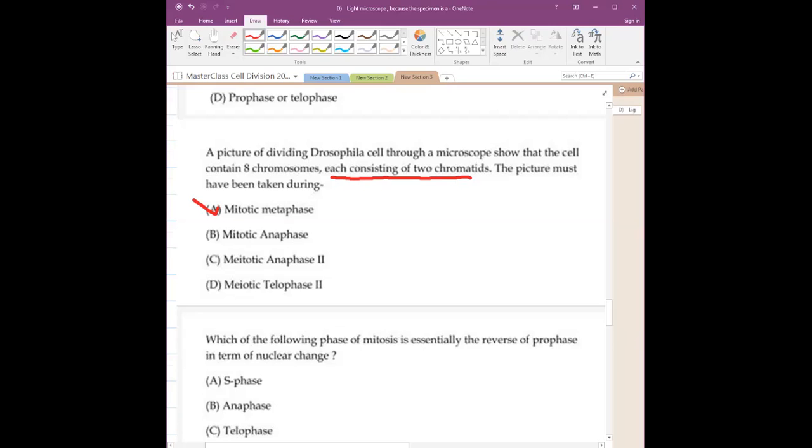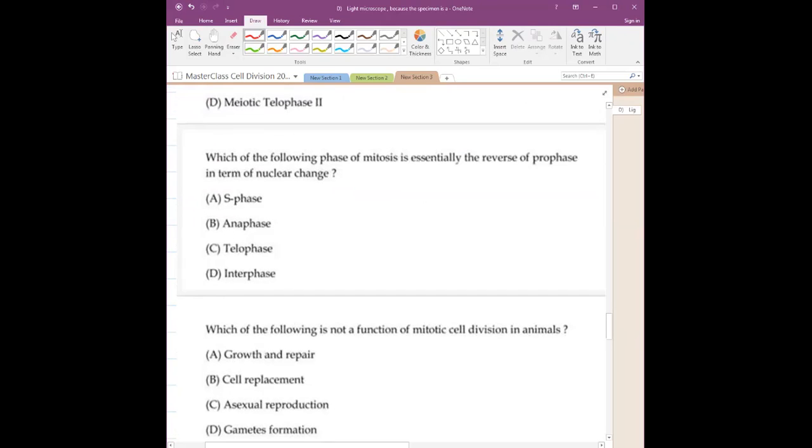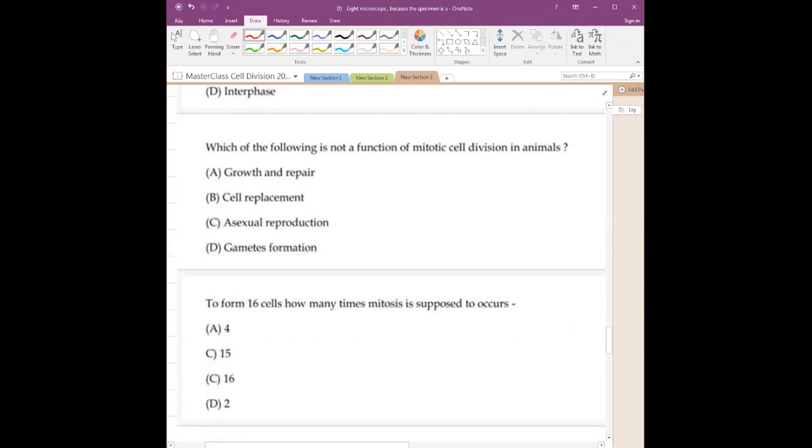Very nice. Okay, which of the following phases of mitosis is essentially the reverse of prophase in terms of nuclear change? Very simple. Yes, quickly, guys. It is going to be telophase. Okay, which of the following is not a function of mitotic cell division in animals?